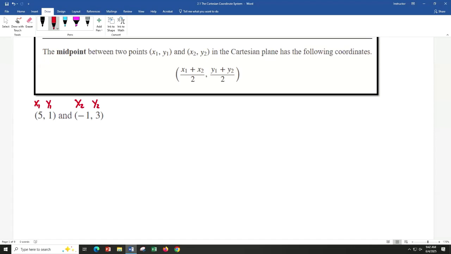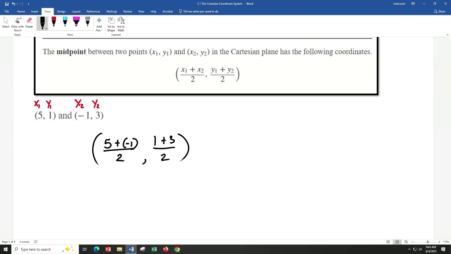So let's do that. Let's come in here and go, okay, how about I do this? I have that x1, which is going to be a 5, plus that -1, all over 2, comma, 1 plus 3 all over 2.